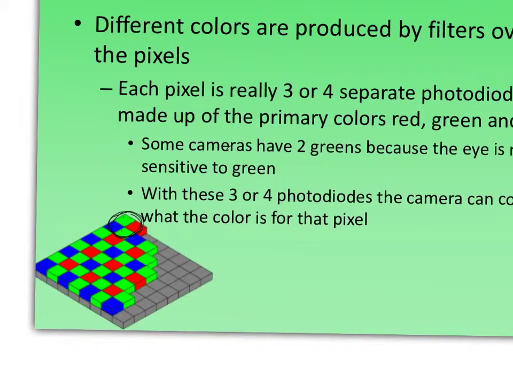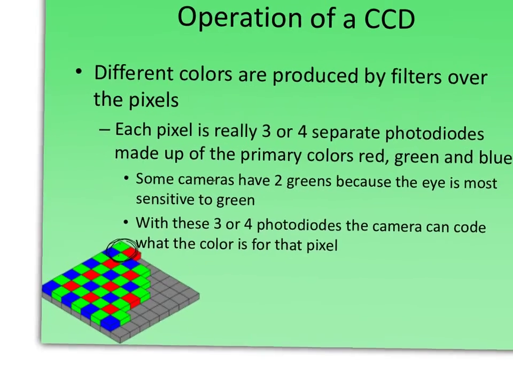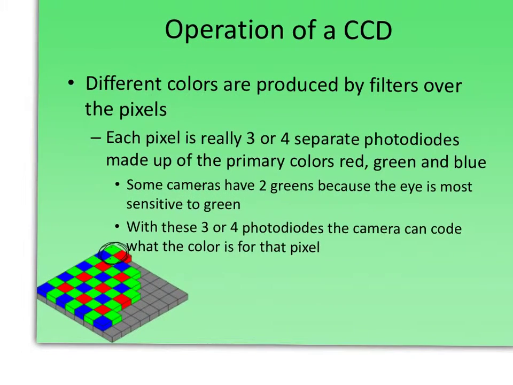In that fashion, each pixel can create any color that it needs to with that combination of green, blue, and red. However much blue, red, or green light gets through each of those photodiodes is what determines the color. Then of course you have however many pixels, each pixel being made up of those multiple photodiodes.